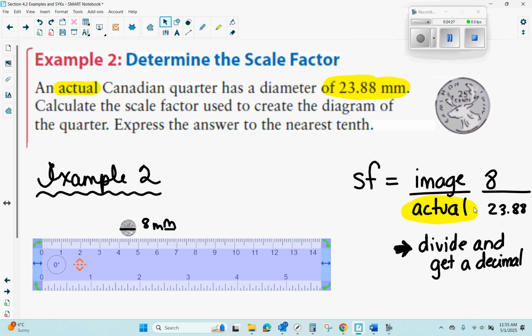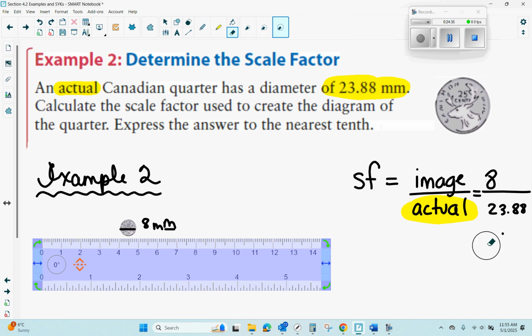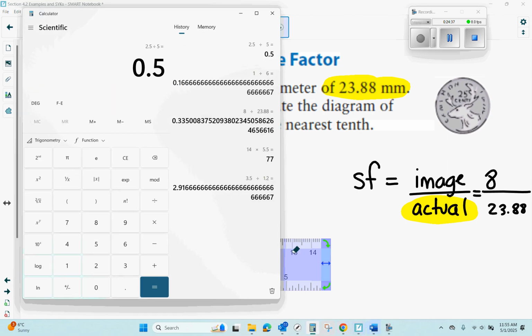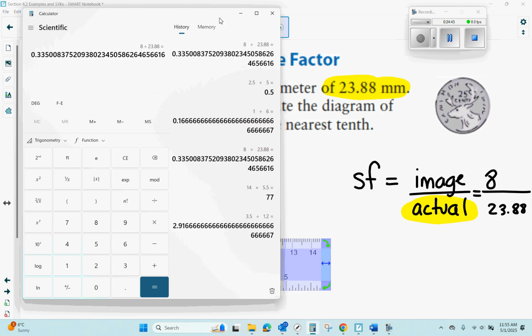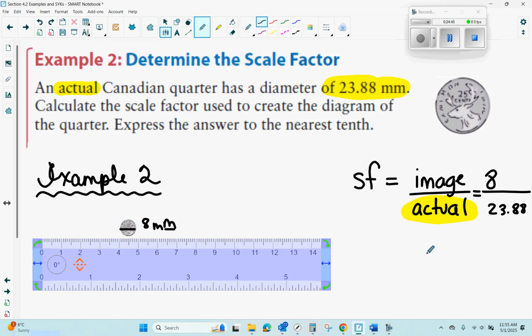So you're going to divide, and you would show this work. 8 divided by 23.88. That's the scale factor. 0.335. Express the answer to the nearest tenth.